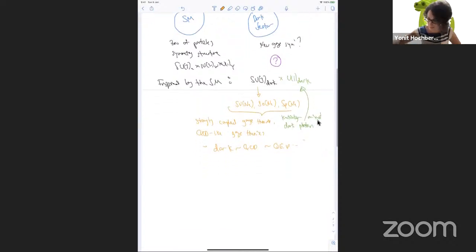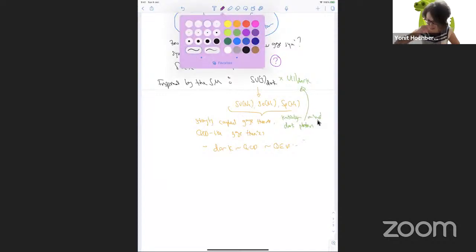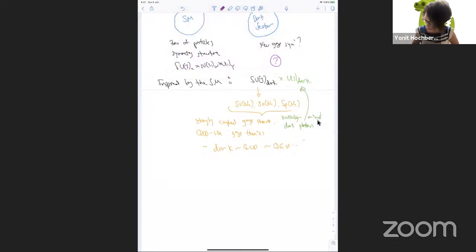Okay, so just to make sure we all understand what this kinetically mixed hidden photon means, maybe the simplest version of a dark sector is just to take a dark version of electromagnetism, just to take a U(1). So we just have this dark U(1).